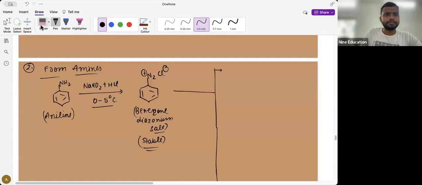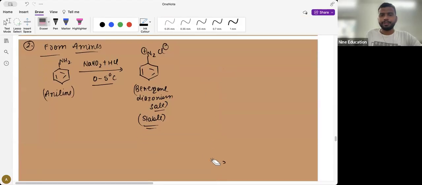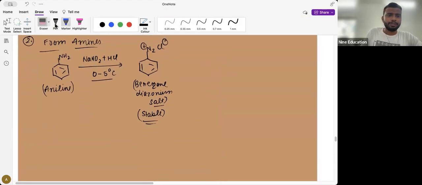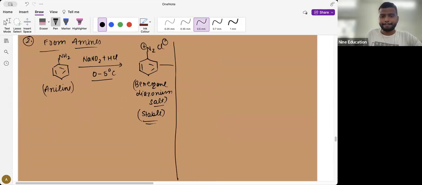In this salt, let's say I put CuCl, copper chloride, Cu positive, Cl minus, right? Then N2 will go away and we will get chlorine, CuCl.